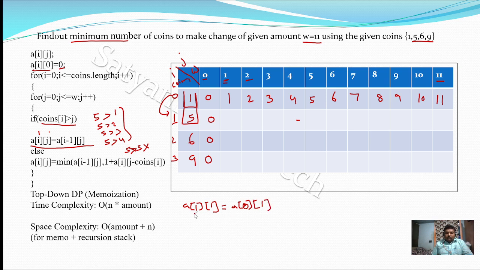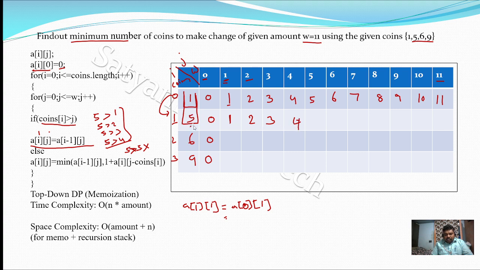So a of 1 1, you can store the value a of 0 1. A of 0 1 value is 0 row and first column, so 1 is there, so you can store 1 here also. So that's why 5 greater than 4 up to this point, whatever value is there in the previous row, that value you can take directly here.